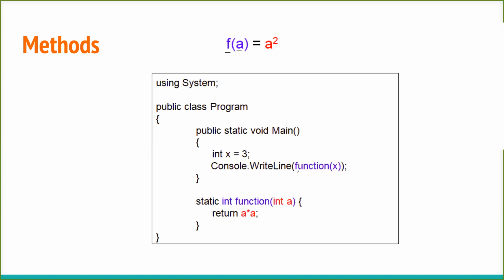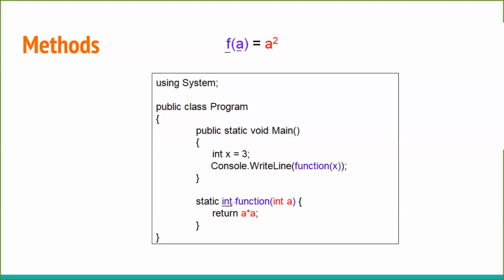So the computer sees that function exists. As soon as it sees this definition of function, the first thing it'll see is int. We're ignoring the words static and public; we'll see what those mean later on. So it sees the word int.